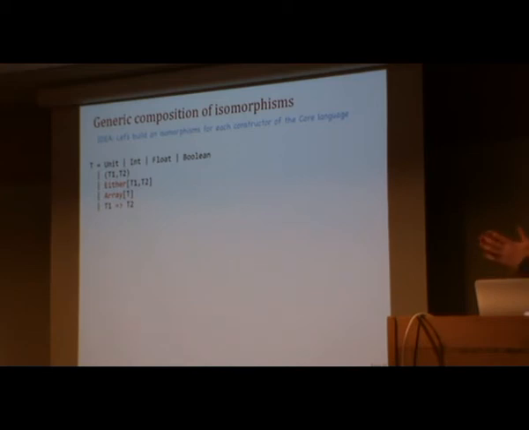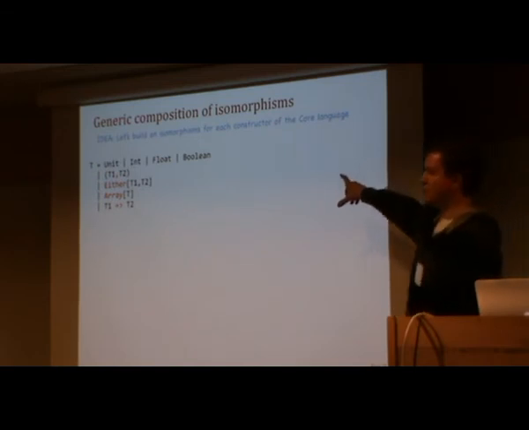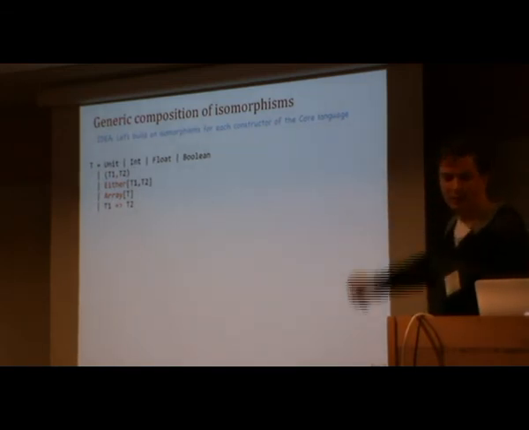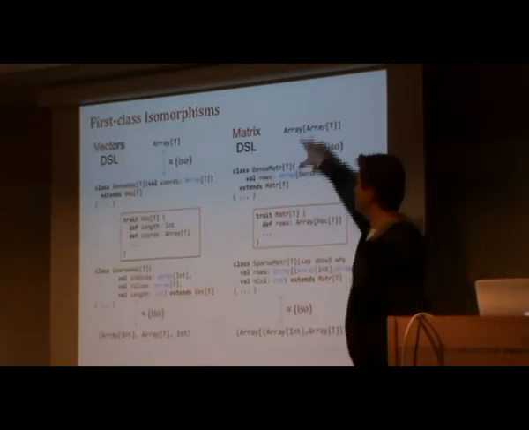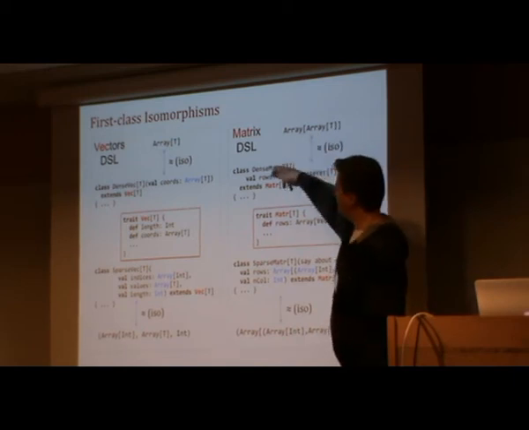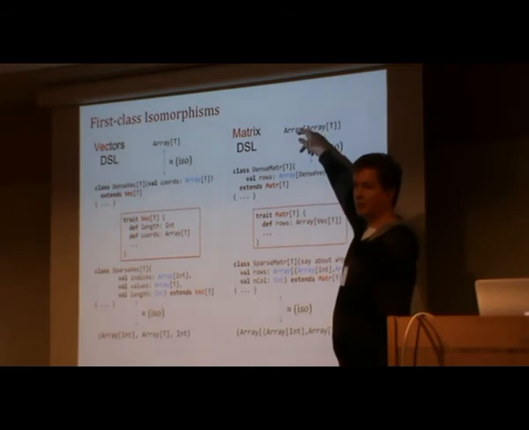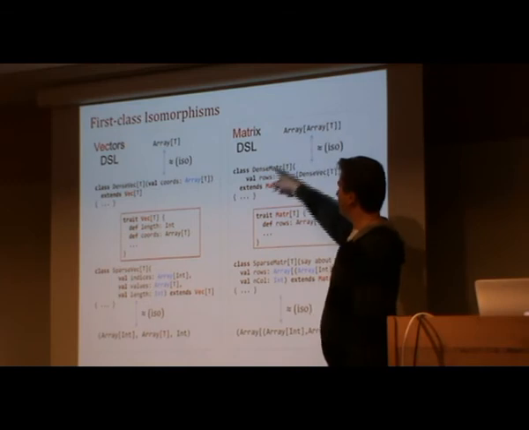So the generic idea is that once we have these functions from domain types to some core type, this is already like an identity function between fields and this type. But it is an isomorphism between this type and this type.